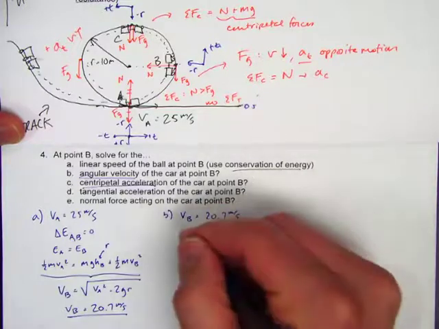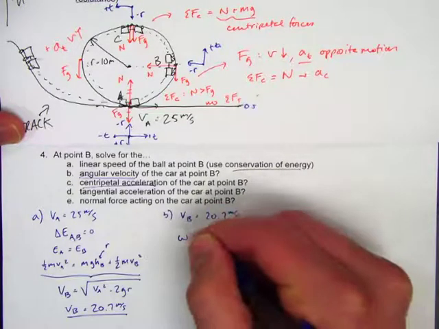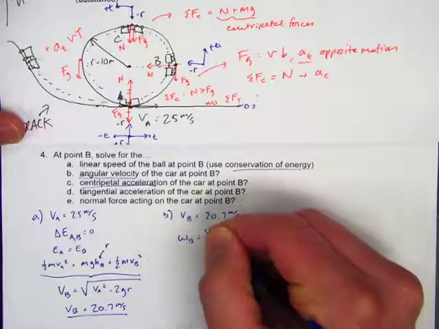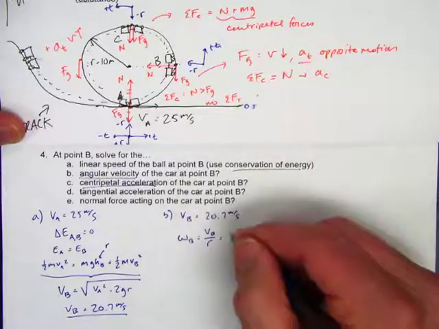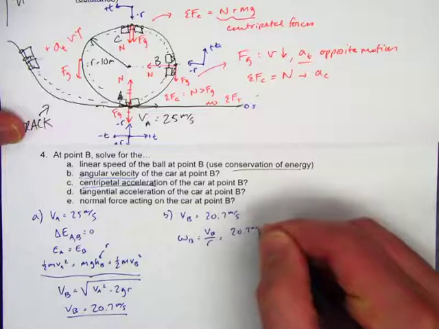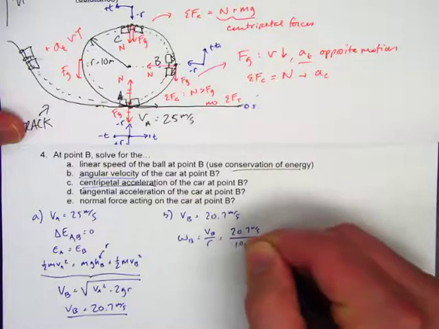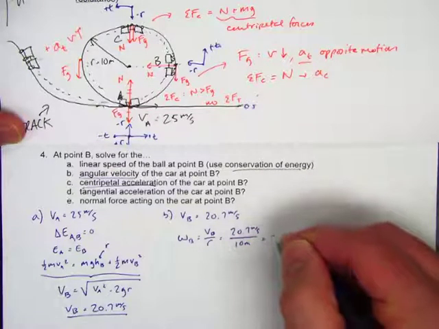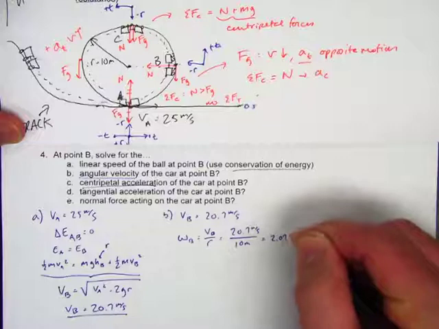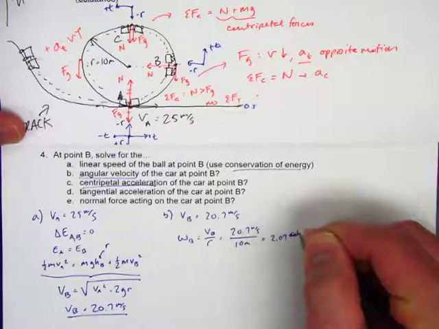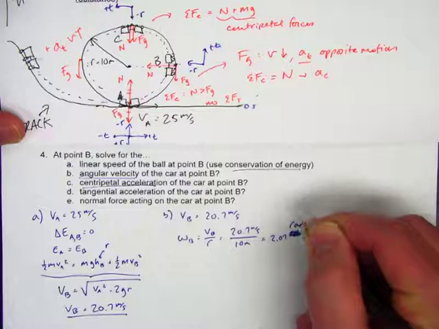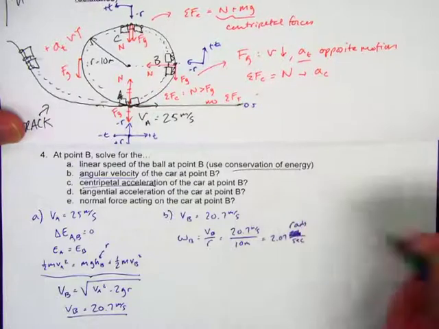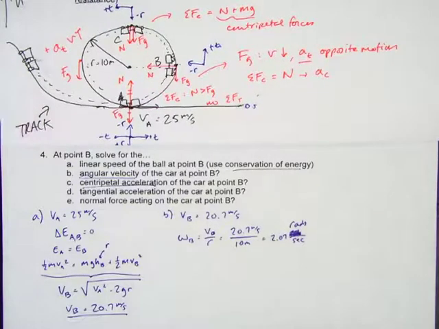So we can go back and say, oh, well, omega at point B will just be v_B divided by the radius, or now 20.7 meters per second over 10 meters, which is now 2.07 radians per second. So notice that's decreased as well. I'm not rotating as quickly because I've lost speed.